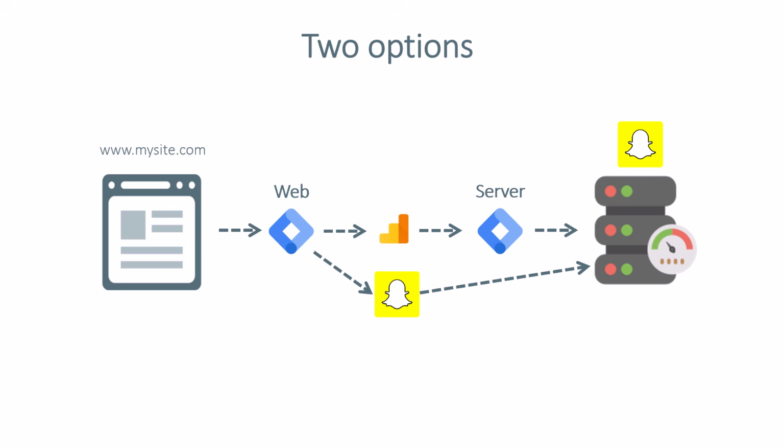Then this would be handled by event deduplication, where if you send two identical events from different sources, let's say one from server and one from browser, Snapchat would be able to deduplicate and remove all repeating data so that your numbers in Snapchat Ads Manager would not be inflated. First, let's take a look at this particular option, and then in the second half of this video, I will also show how to enhance this with the Snapchat Pixel as well.